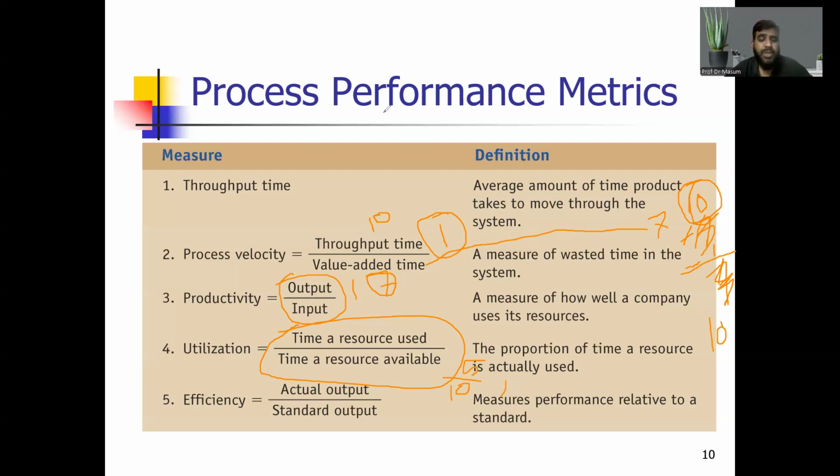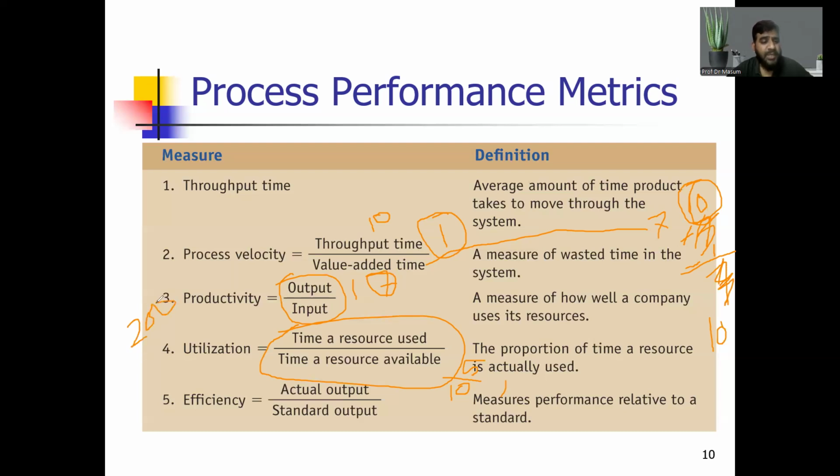And in a production process, say for example, a dyeing machine, or a washing machine in a garments company, or a spinning machine. A spinning machine has the capacity to produce 200 units.